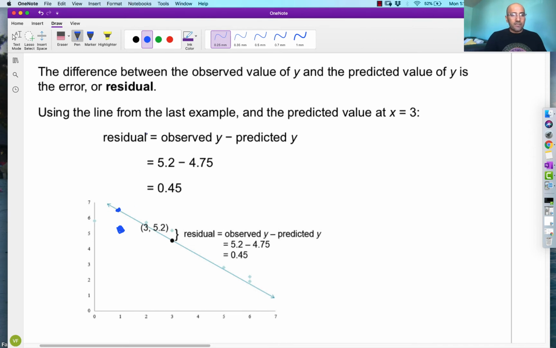Well, in a case like that, this is my residual, and it's below, right? In this case, the predicted value is a number that is bigger than the observed value. Therefore, this number will be smaller, that number will be bigger. We'll end up with a negative, right? So this will be a residual, and it'll be negative. Negative residual.